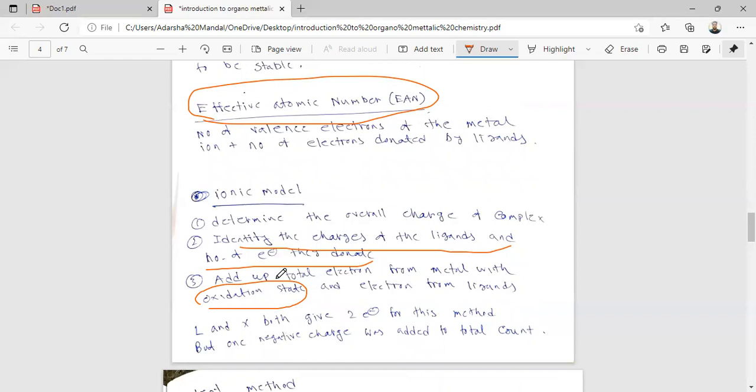Then we add up the valence electrons of the metal, with consideration of the oxidation state, and the electrons from the ligands. So this is the basic rule of the ionic model.